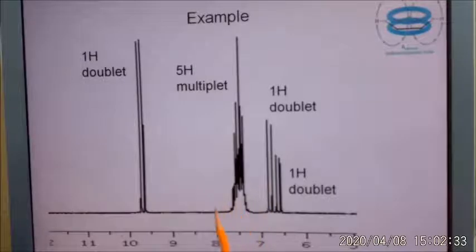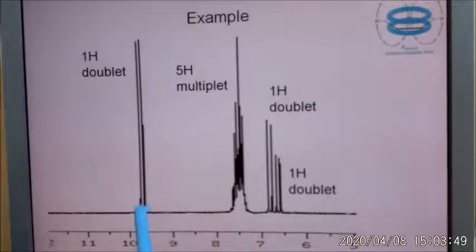Aromatic, 7 to 8; 6 to 7, alkene; 9 to 10, aldehyde. Okay, so 5 hydrogens, so it's a monosubstituted benzene ring. So I have C6H5. What is on that carbon? Well, I have to have something on that carbon that's got a carbon with a double bond. So I suspect I have a benzene ring, carbon double bonded to a carbon, single bond, and then my aldehyde.